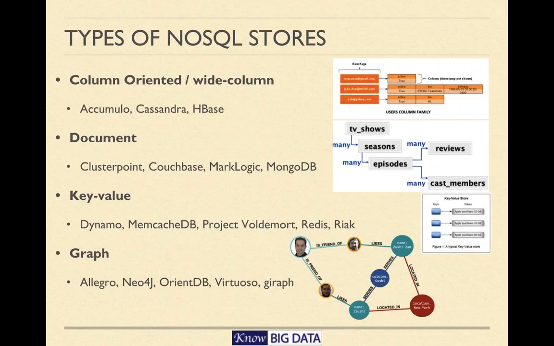Seasons contain episodes, and episodes contain reviews and cast members. So this whole thing is created as a single object. Objects within objects within objects. And that's what makes a document database complex.